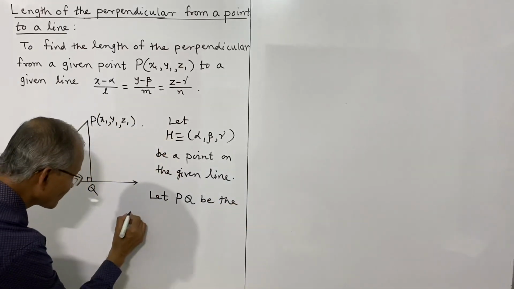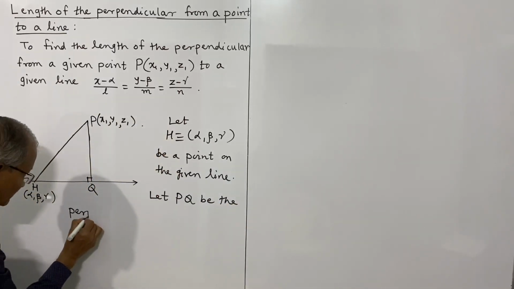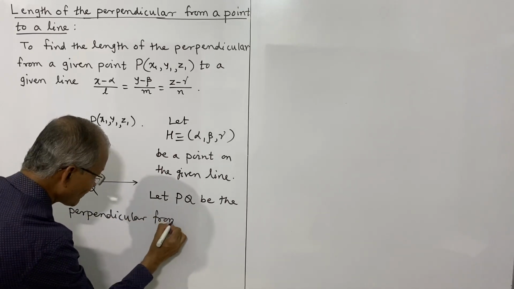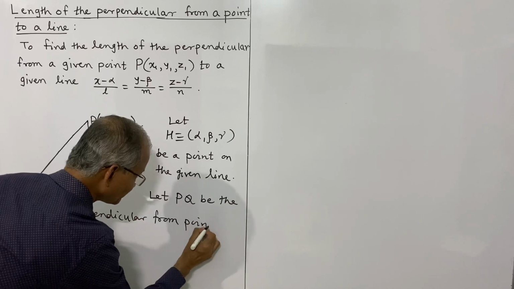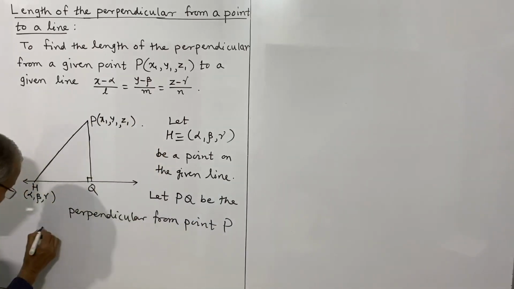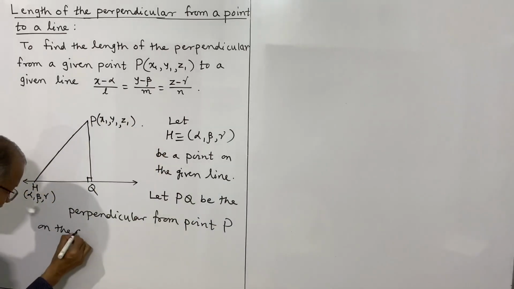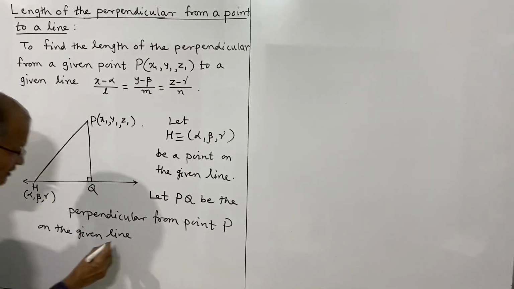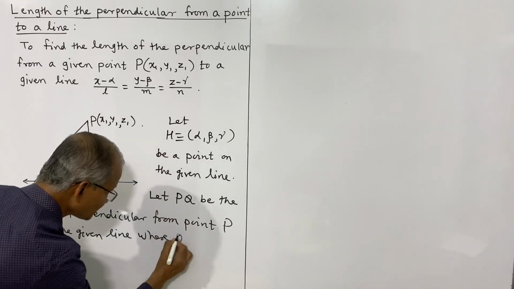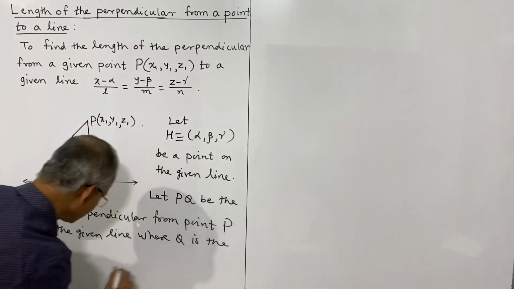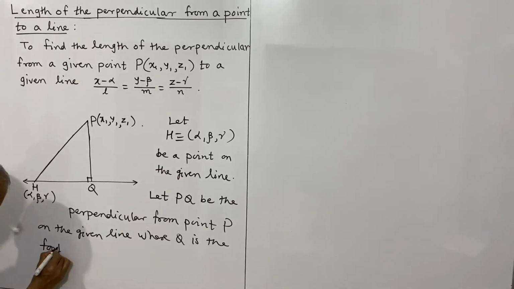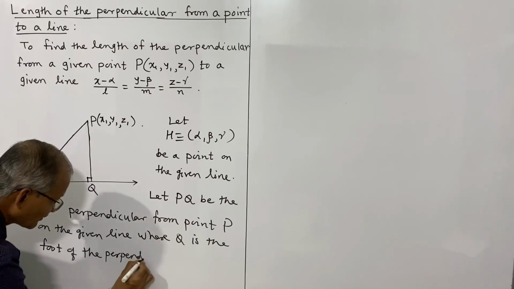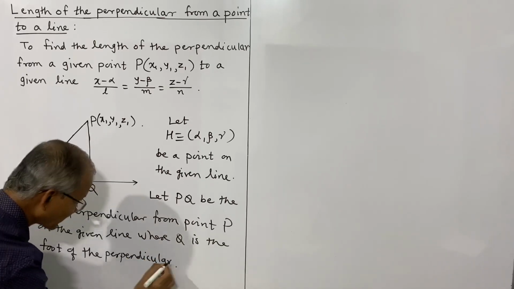from point P on the given line, where Q is the foot of the perpendicular. Now we may refer to the figure.